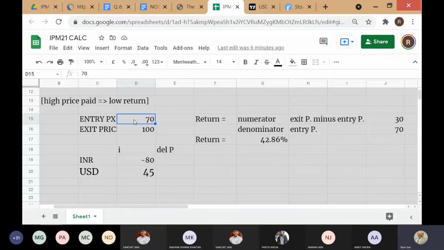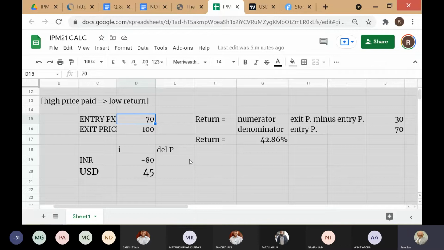Whatever the funding cost is, we compare that to this return, and then we say, okay, what is the net return? So this is actually the gross return, and then you compare this to the funding cost and you get the net return. But it doesn't fit because there is no net yield component in this calculation, because it's only got the price variation element, entry price to exit price.